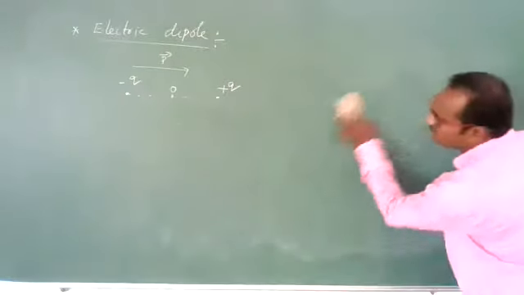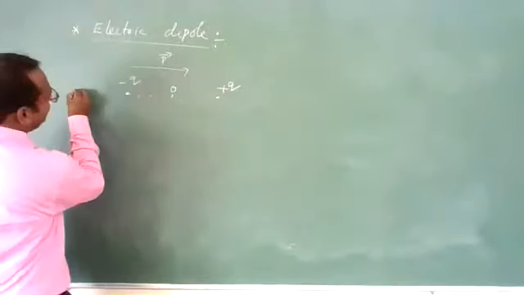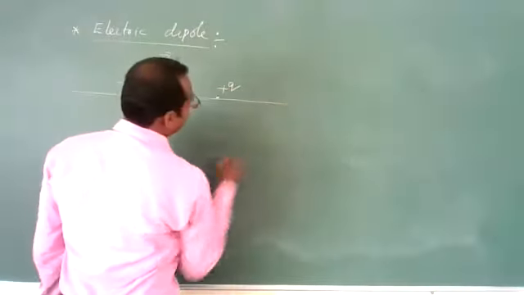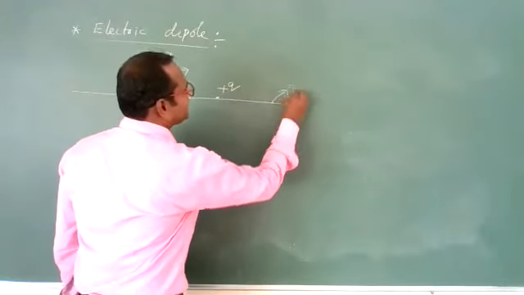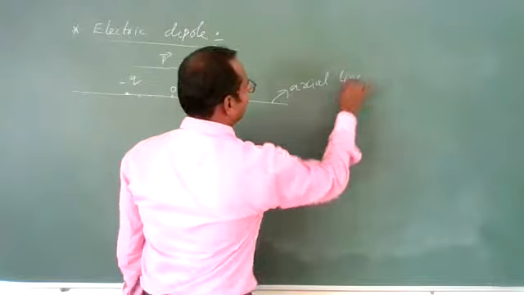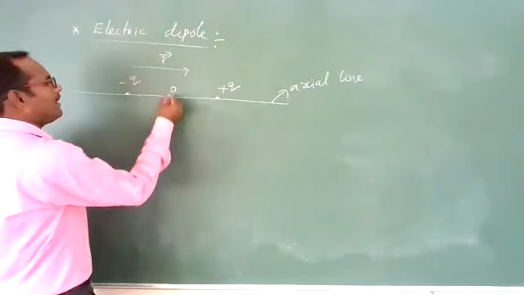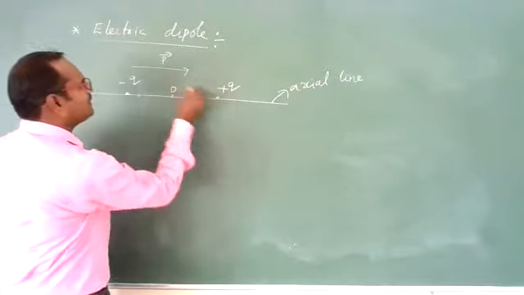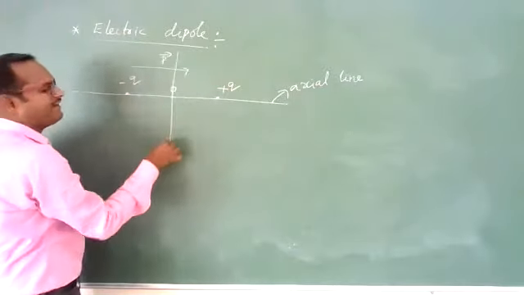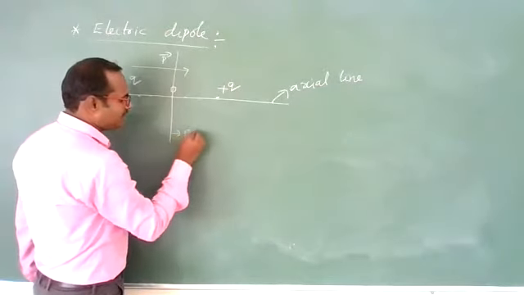Along the line joining these two charges, if you draw one line, we call it the axial line. Remember this name. Perpendicular to this axial line, through the center of the dipole, if you draw one line, that line we call the equatorial line.